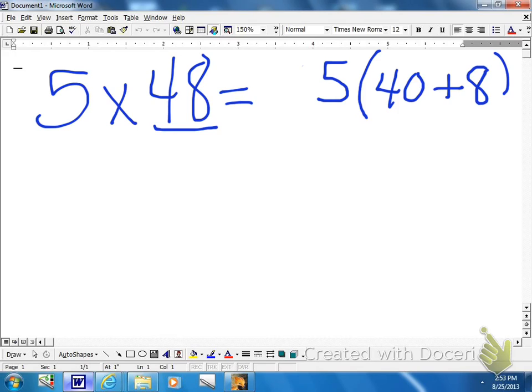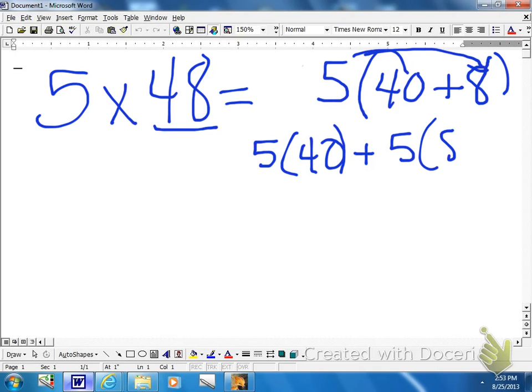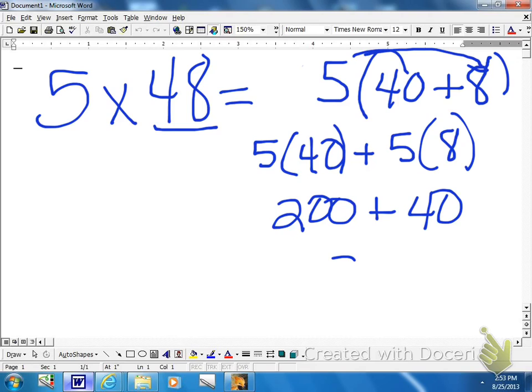If it's right up next to this parenthesis, it means I'm going to multiply 5 times 40 and 5 times 8. And if you want to write it again, like this, 5 times 40 plus 5 times 8, to help see that, that would be great. So 5 times 40 is 200. 5 times 8 is 40. And this is really easy to figure out, that the total would be 240.